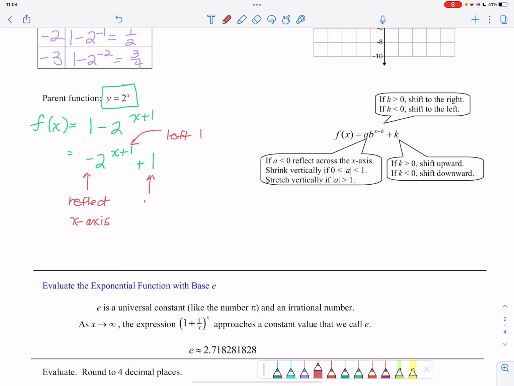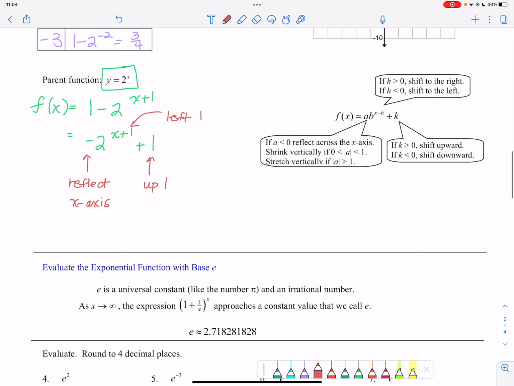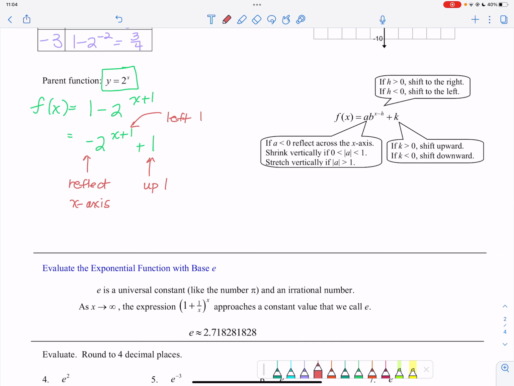And here, we will go up 1. Okay? So, as you can see, we will have 1 left, 1 up, and then we will reflect across the x-axis.